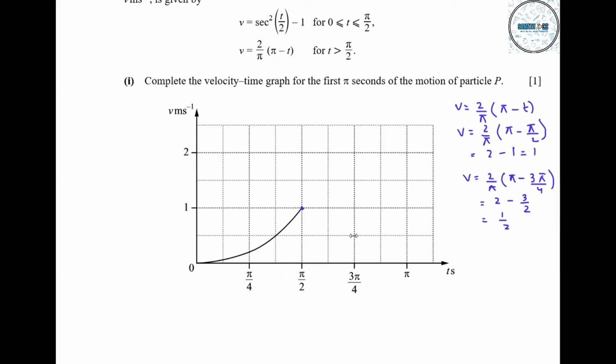So we have this point over here. And when we substitute here pi, pi minus pi will be equal to 0. So velocity is 0. So we will have this point over here. So we can draw the graph.